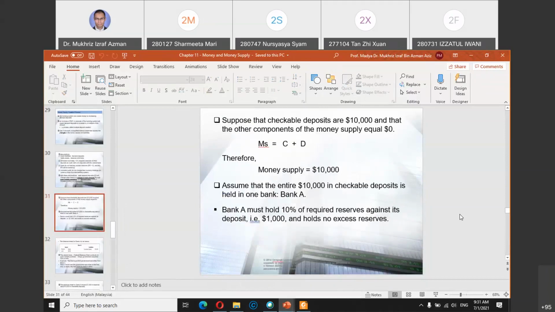And the rest is just another concept of money supply: cash plus deposit, C plus D, cash plus checkable deposit.